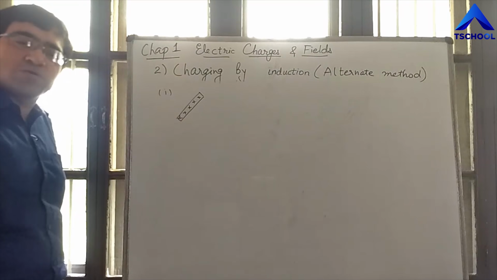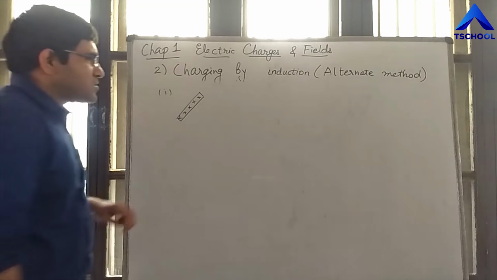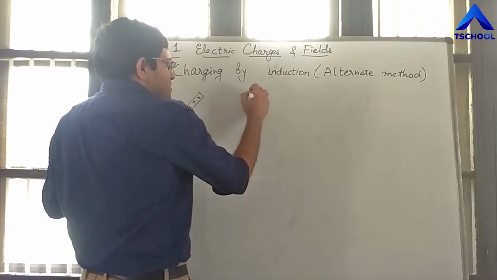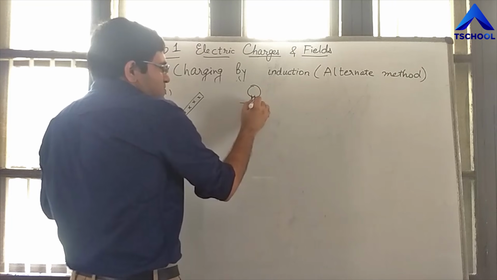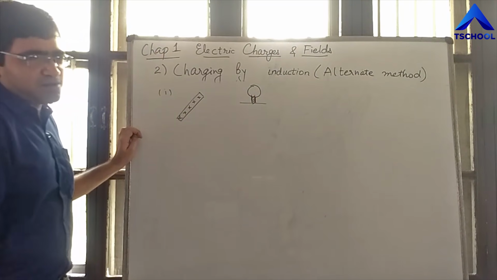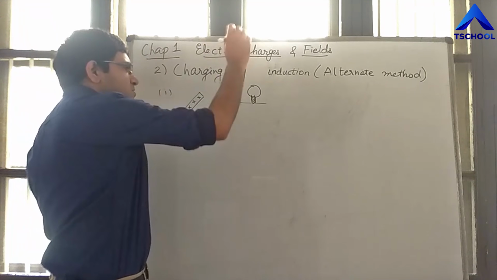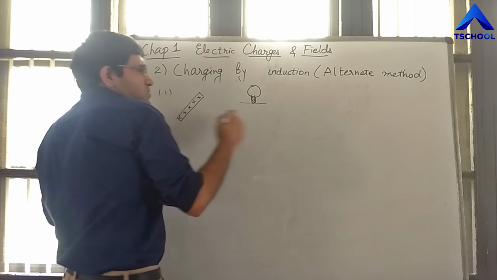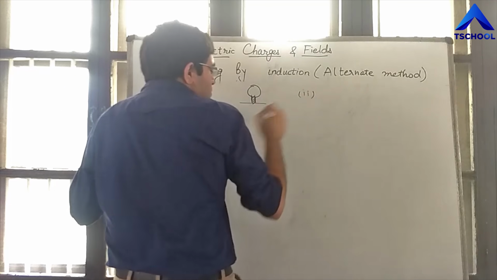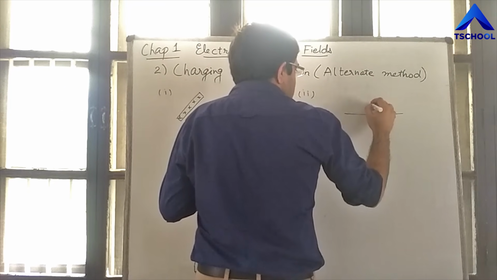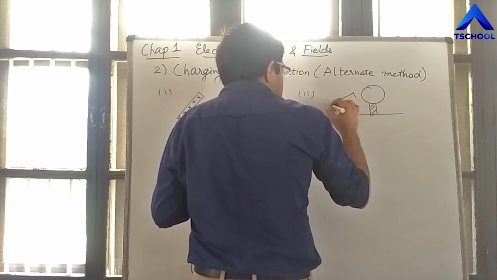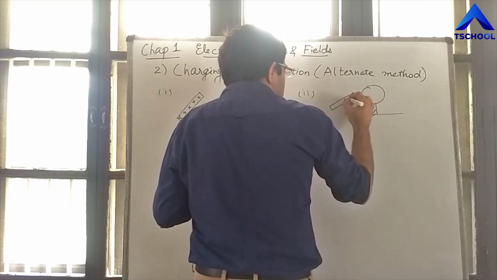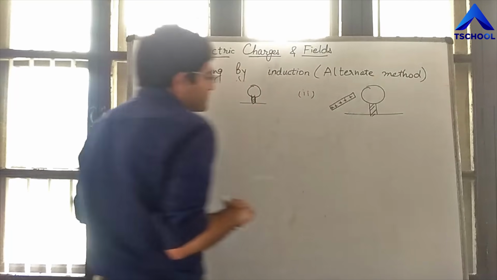So let's say this is a positively charged glass rod, and here is a metal sphere or any other metal object, once again kept on an insulated stand. In step 2, we bring the glass rod close to this metal sphere.